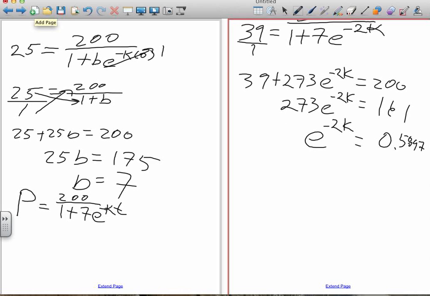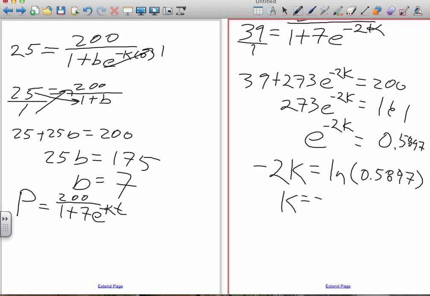and then I natural log these puppies. Negative 2k will be equal to the natural log of 0.5897, or k then will be equal to negative the natural log of 0.5897 divided by 2. My k worked out to be 0.2641.